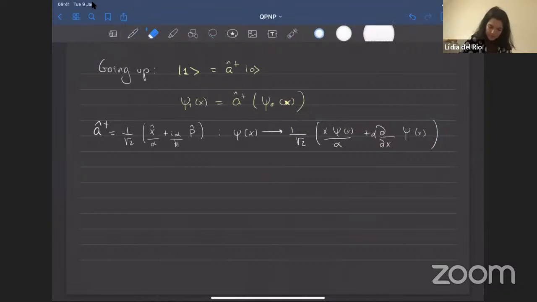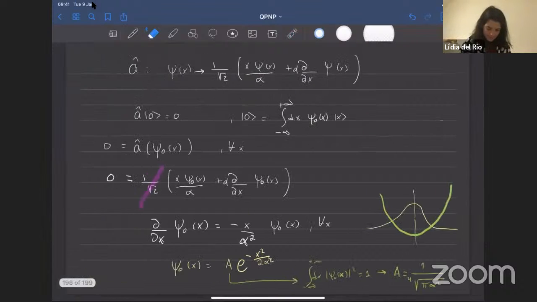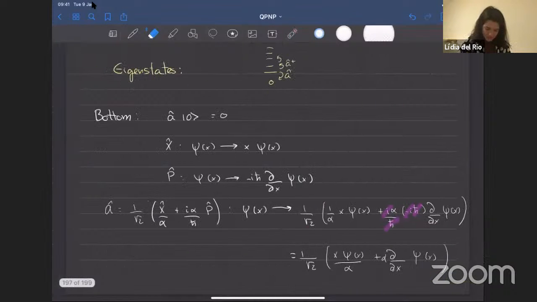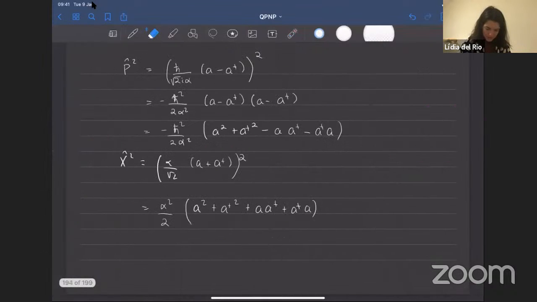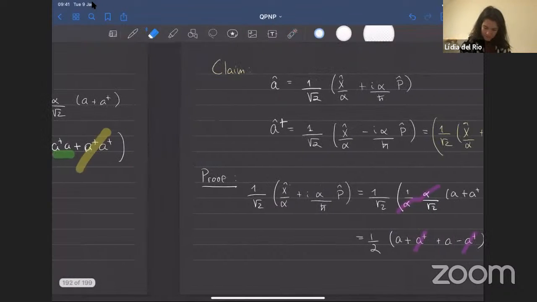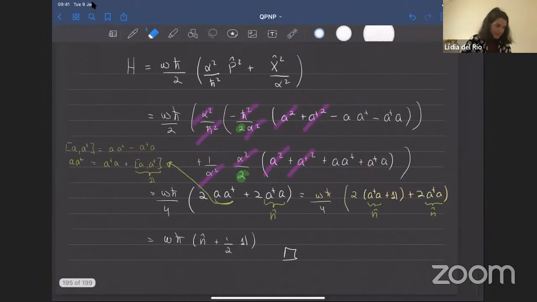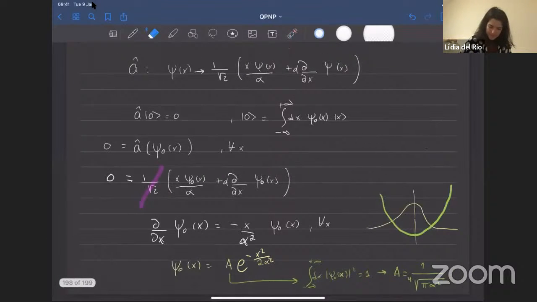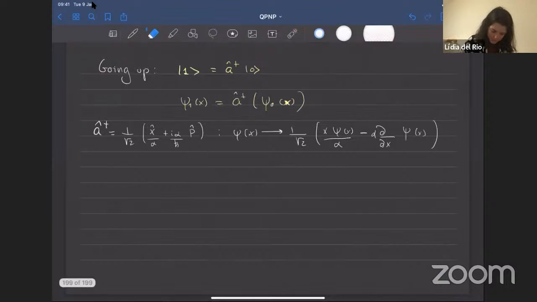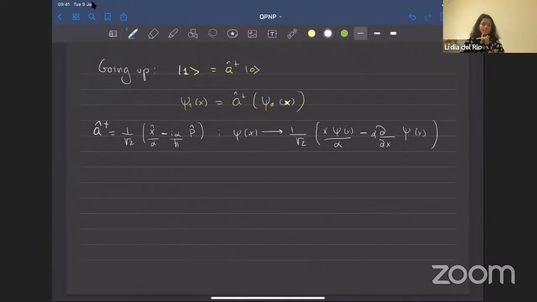So the only difference is that here it's a minus sign. Sorry. Wait a moment, there's a typo somewhere. Just give me a second. Let's go back a bit. Okay, there's a typo in the lecture notes, by the way, which is that this must be a minus sign. Yeah, that's page 15. Okay.